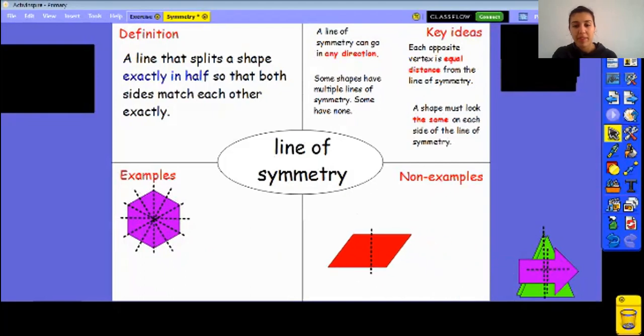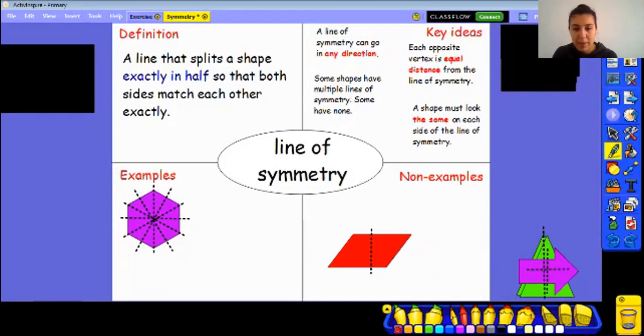What about this one? This is a 1, 2, 3, 4-sided shape, but it is not a rectangle or a square. So we would say that this is a, well done if you said quadrilateral. So I've got a line here, and I need to work out whether this side of the shape is the same as this side of the shape.